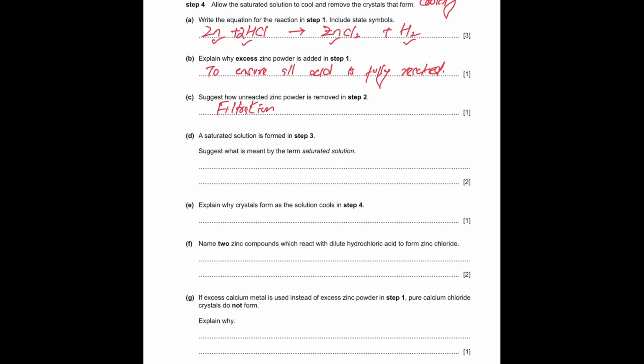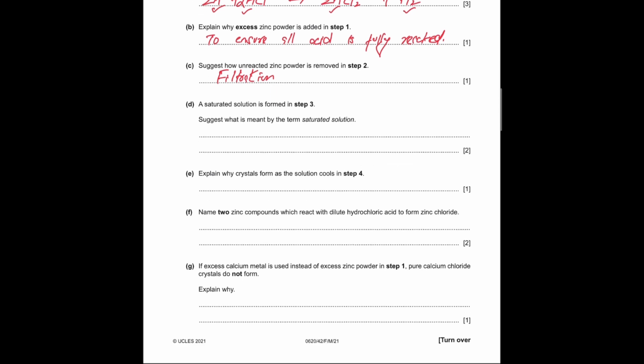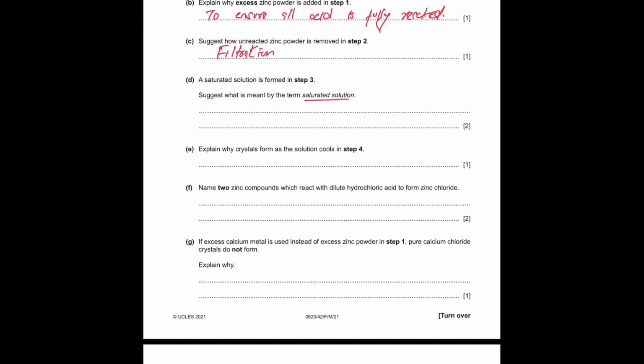The next step, a saturated solution formed in step 3. So what is meant by the term saturated solution? A saturated solution means a solution that cannot dissolve any more solute at a given temperature.